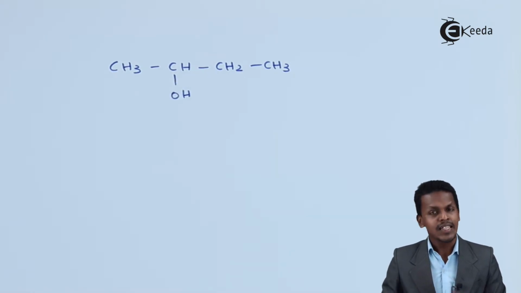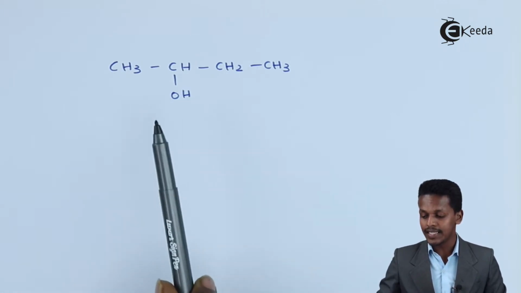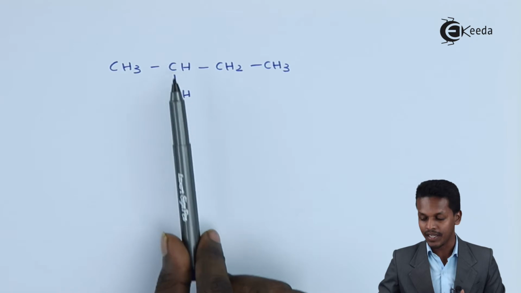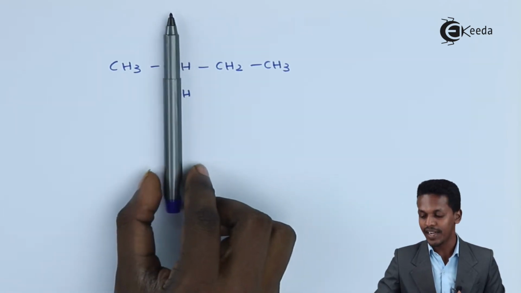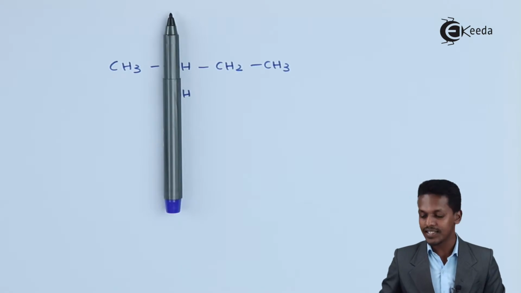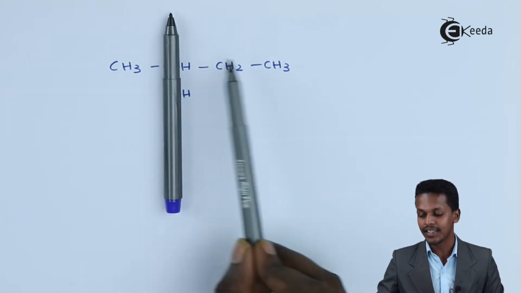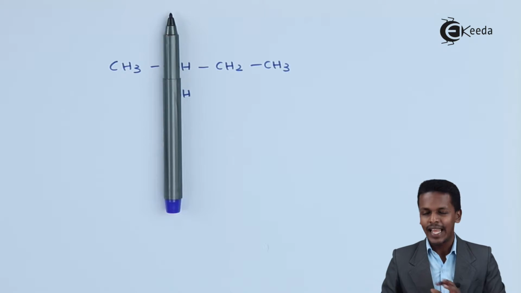But is the name iso to be used over here? No. If OH is attached to this carbon atom and we divide this structure in this manner, the number of carbon atoms on the left hand side is 1 and on the right hand side it is 2. The two sides are not the same, so the word iso will not come over here.